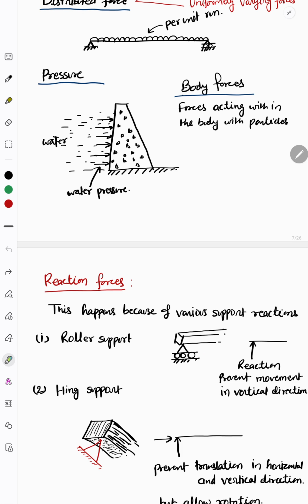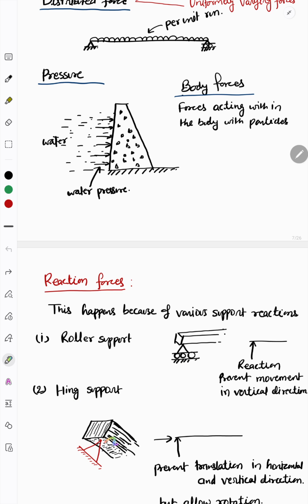Because if you take an example, if a student in the class is free to move anywhere, he will not react. Again, if the teacher stops him from moving anywhere, he will react. He may not show it, but he will react internally, or he may show his reaction. So as it is allowed to move in horizontal directions, but in vertical directions there is no movement.